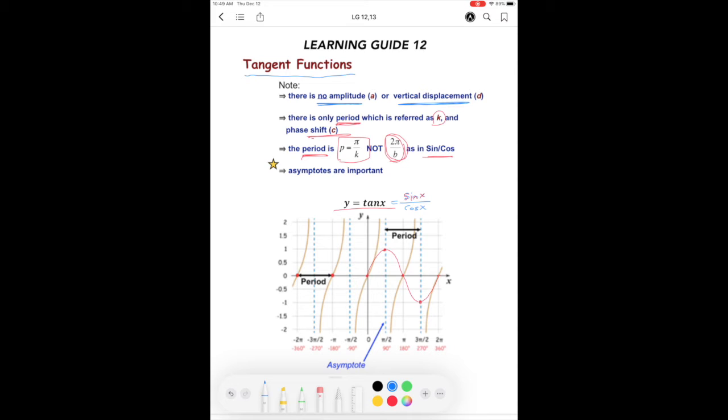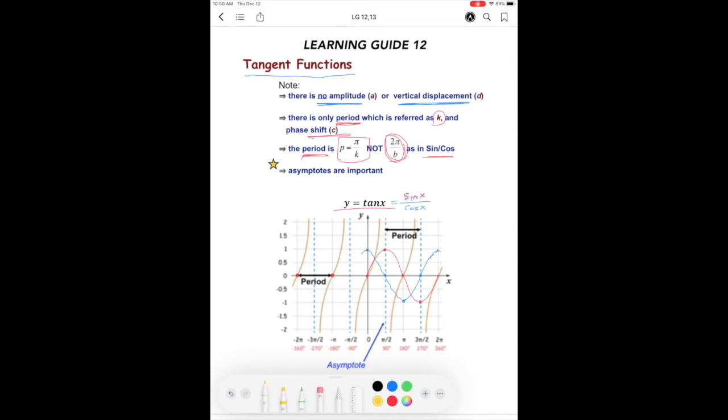Now let's look at the cosine function, which is in blue. Remember, the cosine positive starts at the top, and it goes down to the middle, down to the bottom, back to the middle, and up to the top. So it looks like that.